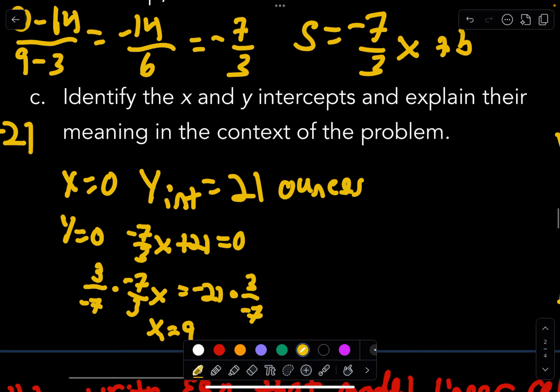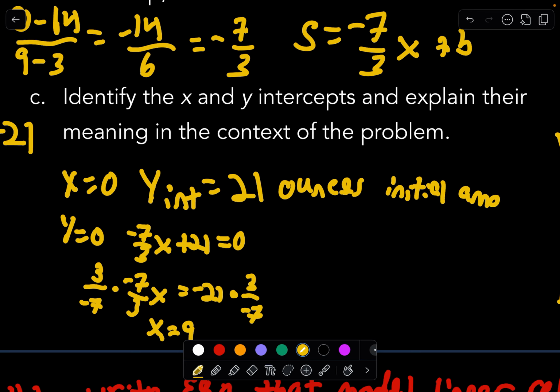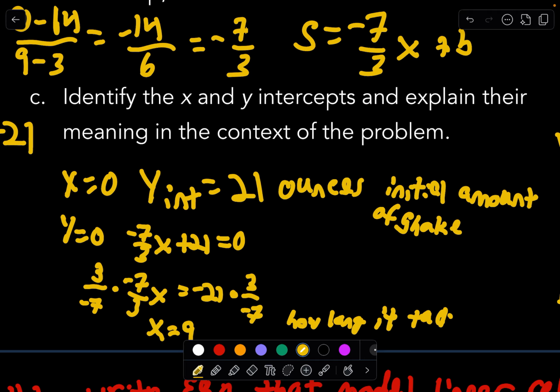Okay? So, explain to me in the context. So the Y-intercept is the initial amount of shake. And the X equals 9 is how long it takes to drink the shake.